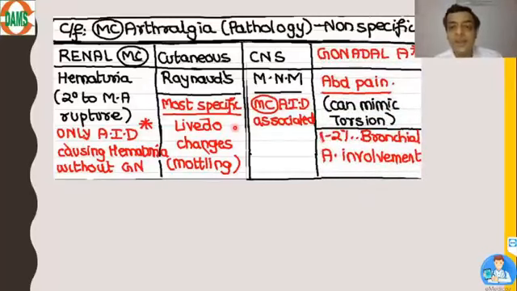But what cannot occur in lupus is the gonadal artery involvement. Whatever I have written in red color, please remember, color coding continues, is specific to PAN. Whatever is in black can also be seen in lupus disease.